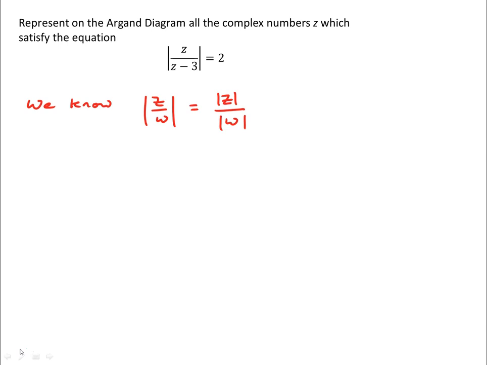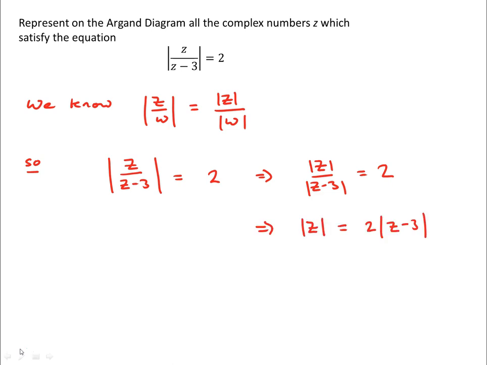So the fact that the modulus of z over z minus 3 has got to equal 2 tells me that the modulus of z divided by the modulus of z minus 3 must equal 2. In other words, the modulus of z must be twice the modulus of z minus 3.